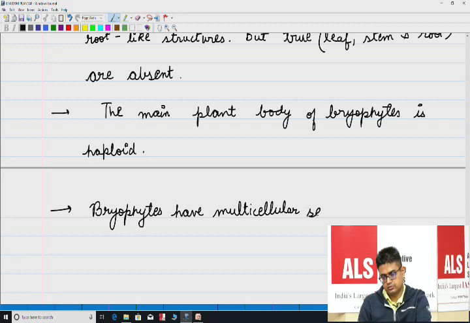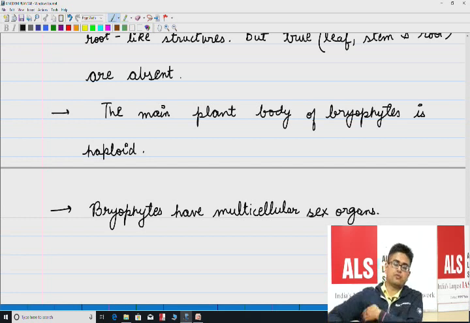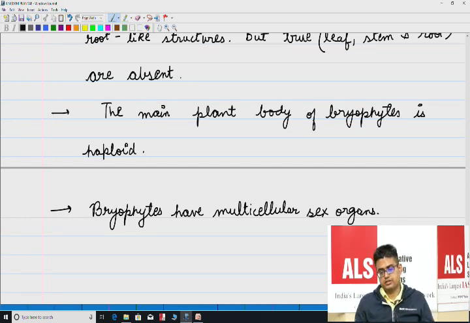Multicellular sex organs means they have this arrangement, where a number of cells divide continuously to form gametes, so they are called multicellular sex organs.